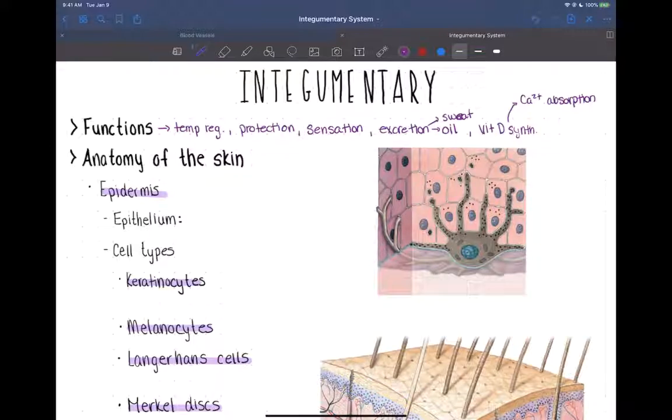All right, and the skin also is involved in blood flow regulation. Okay, so when internal organs, vital organs need more circulation, that blood from the skin can be rerouted internally.